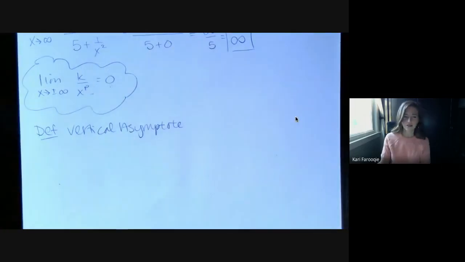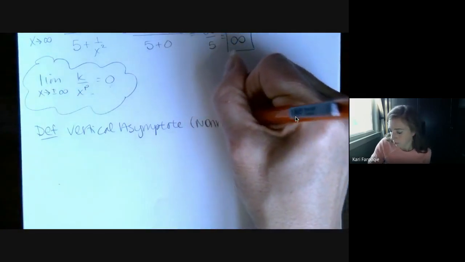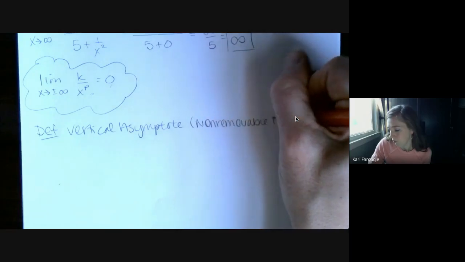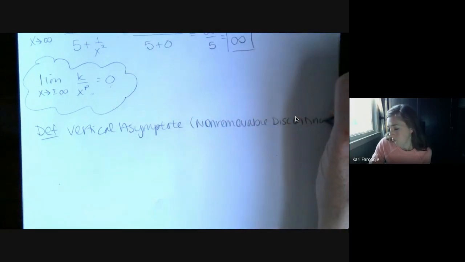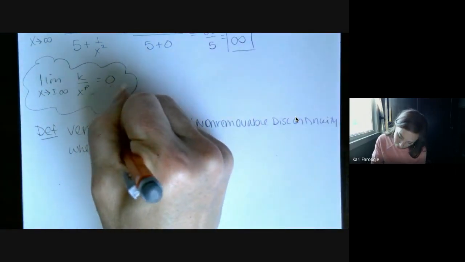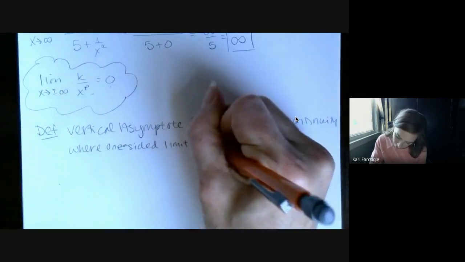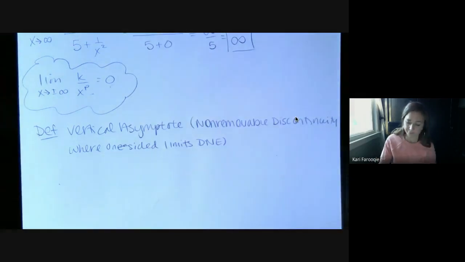And like I said, vertical asymptotes for most of you are going to be pretty intuitive. So this is going to be a non-removable discontinuity where the one-sided limits don't exist. Because remember, if you have a non-removable discontinuity where the one-sided limits exist, then you have a jump scenario.